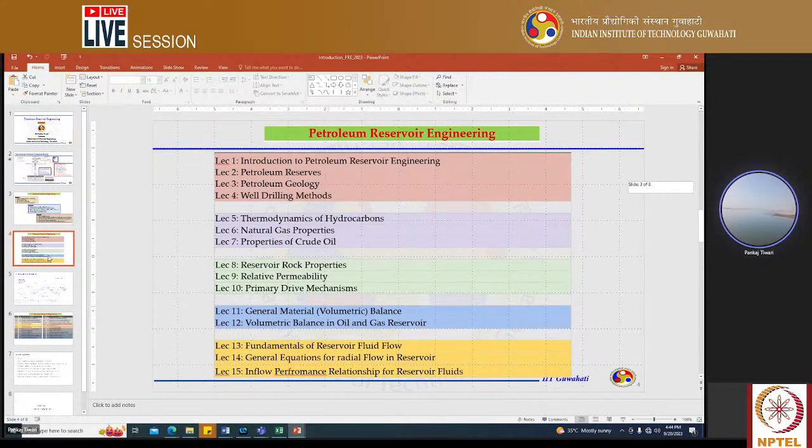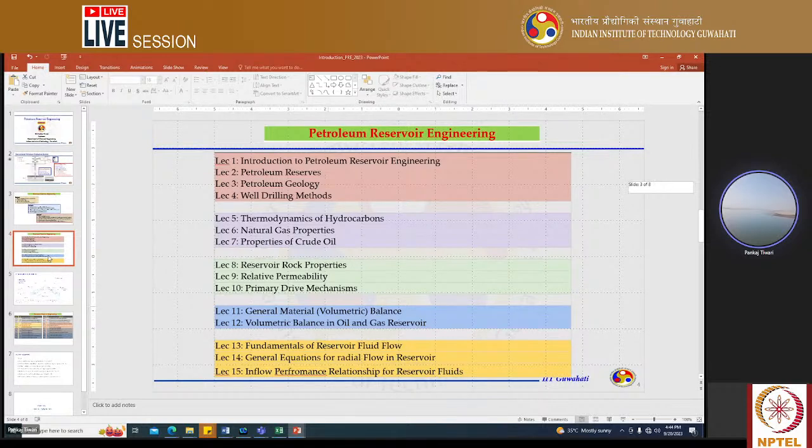So we discussed the relative permeability concept in detail, followed by the primary drive mechanism. Those are responsible for the production of natural oil by the primary recovery mechanism. Primary recovery mechanism means the natural force that is pushing the hydrocarbon fluid towards the wellbore and further from the wellbore to the surface facilities.